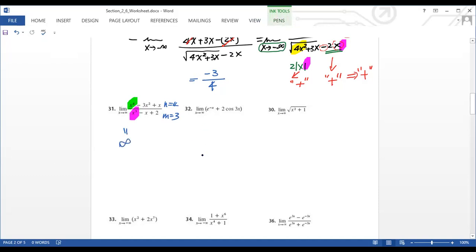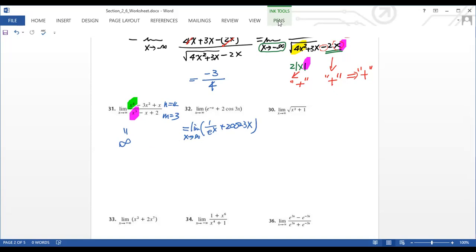Okay, now number 32, this is interesting, okay? So let's rewrite this one. So this is the limit of e to the negative x, which is 1 over e to the x, correct? And then plus cosine 3x here, as x approaches infinity.